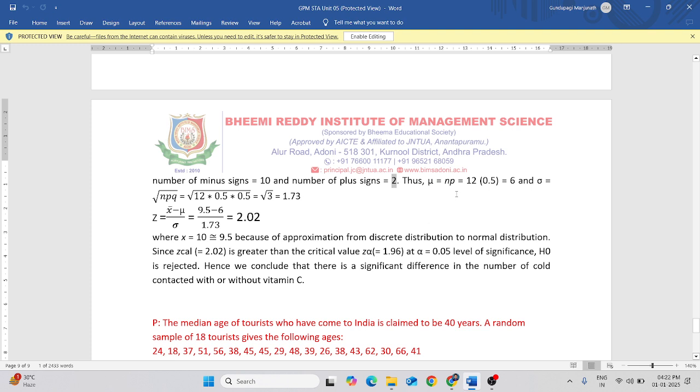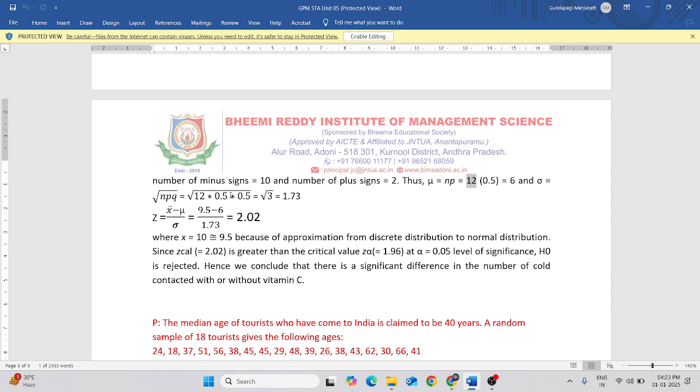So the population mean mu equals n into p, where n is the total number and p is the probability 0.5, which equals 6. For the standard deviation, square root of n into p into q, so 12 into 0.5 into q, and q is always 0.5, so you take that value directly.